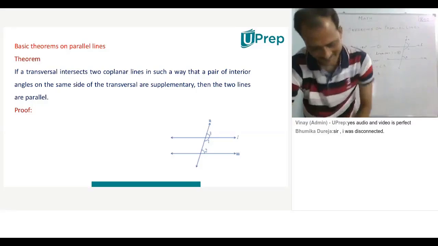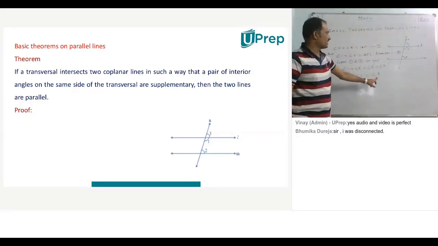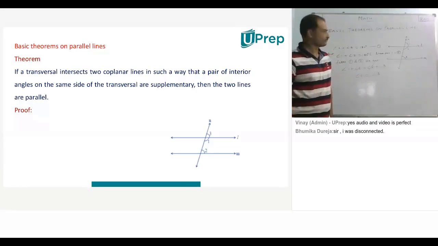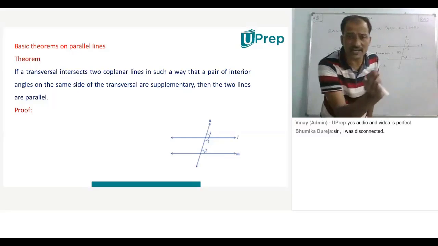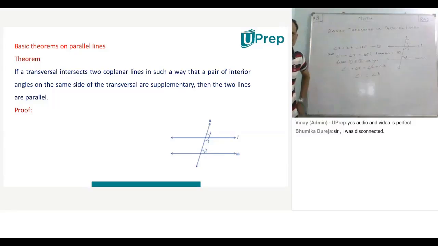Okay, write down. Angle 1 is equal to angle 3, we got. Next write down.